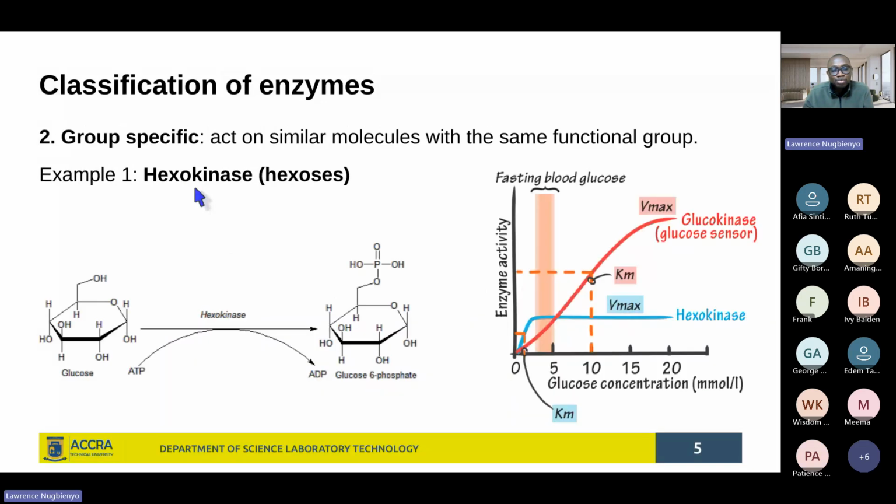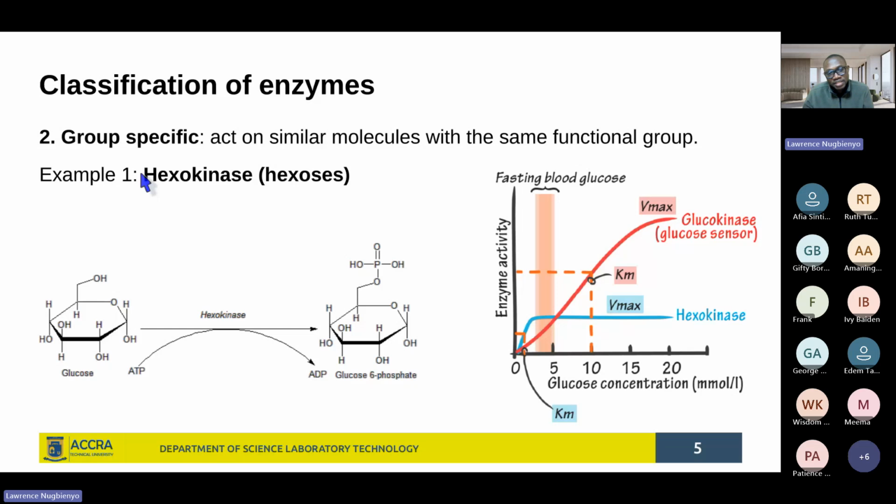Now we move on to the second group of enzymes based on specificity. This is group-specific enzymes.